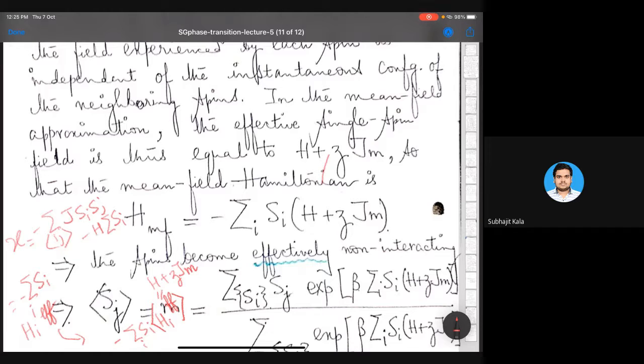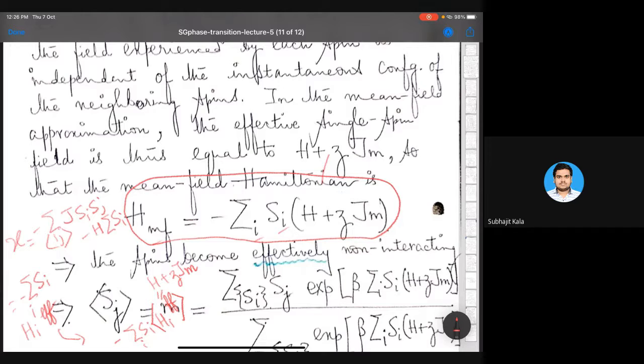So this is the mean field Hamiltonian, the approximated Hamiltonian, not the actual Hamiltonian, because we are doing an approximation. Now, if I look at this Hamiltonian, the first thing that strikes you is that you have a sum over i, but you don't have a sum over j. So that interaction seems to be missing.